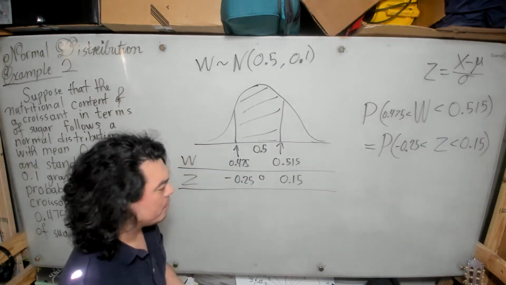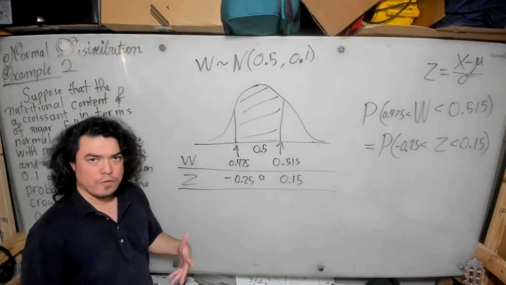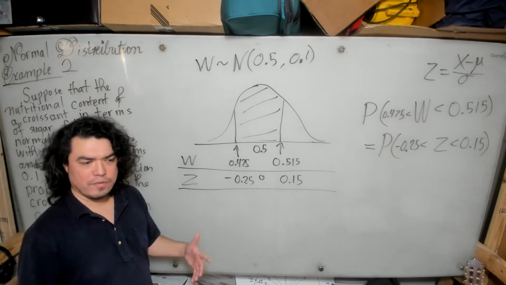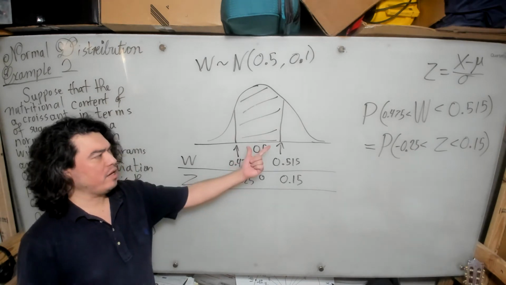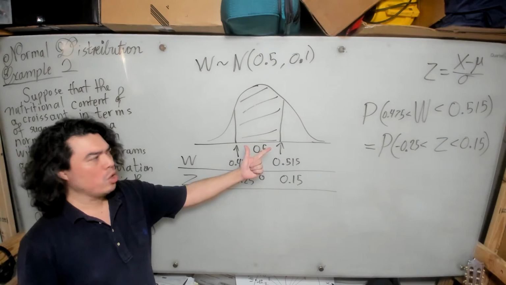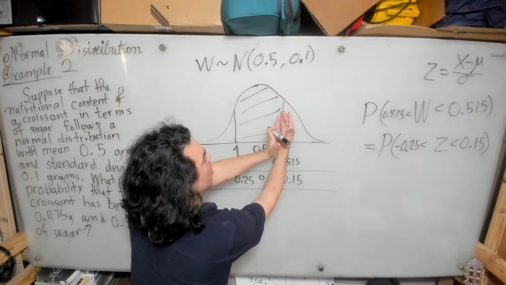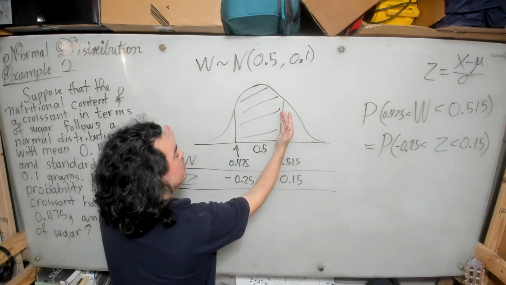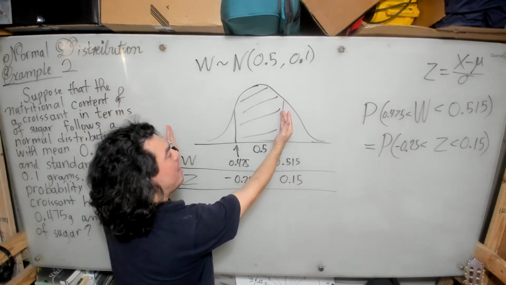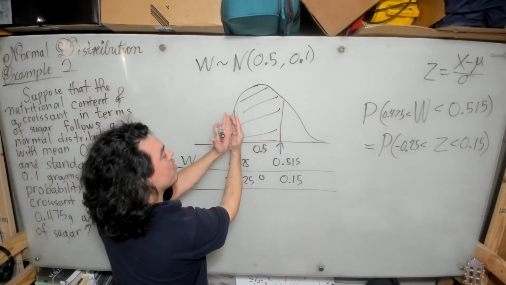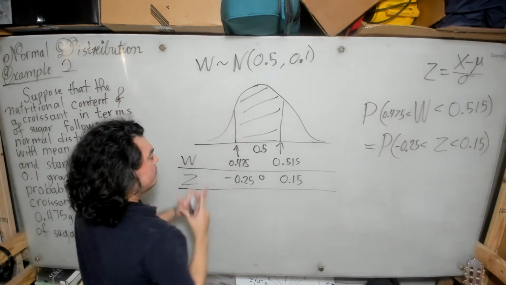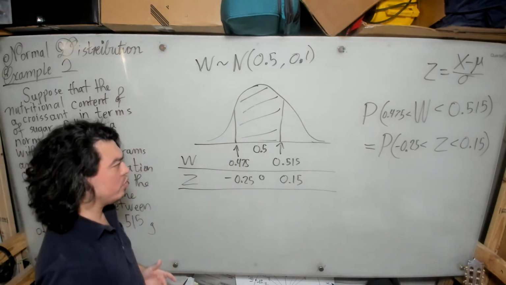And so now, if you recall from one of our previous examples where we were finding the area in the middle, what we did was we took the area to the left of the upper limit, all this area, which we can get from the standard normal table, and then we subtracted the area to the left of the lower limit, right? And so that's exactly what we're going to do here.